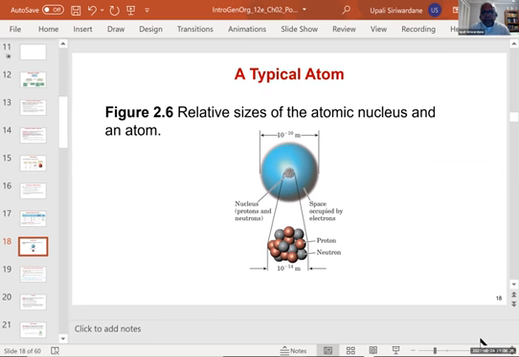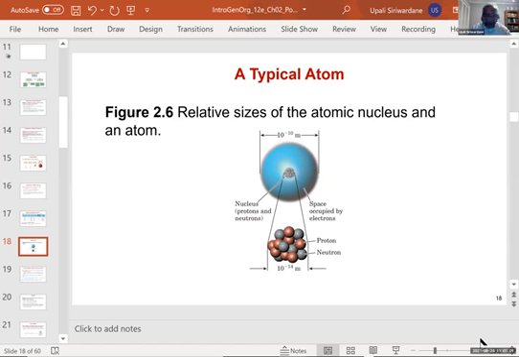Relative size of the atom and nucleus. An atom is about 10 to the negative 10 meters in size. Then 10 to the negative 14 meters is the size of a nucleus.